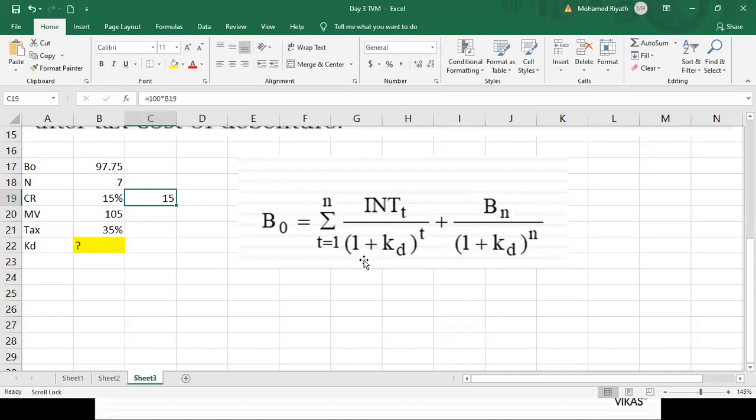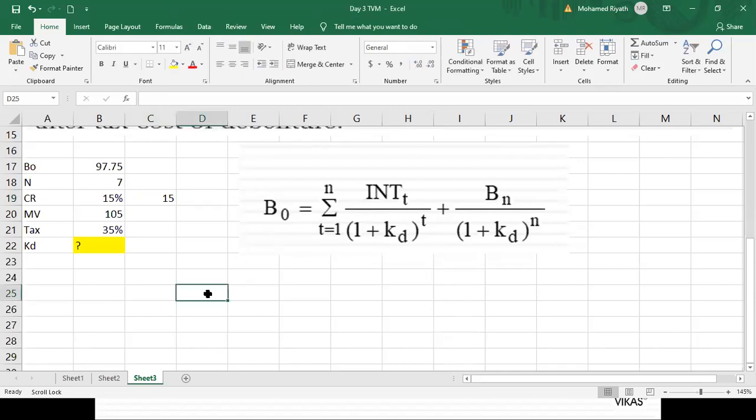So how can we find the KD? How can we find it, right? As we did earlier, let me work out the cash flow on this, and this is KD.